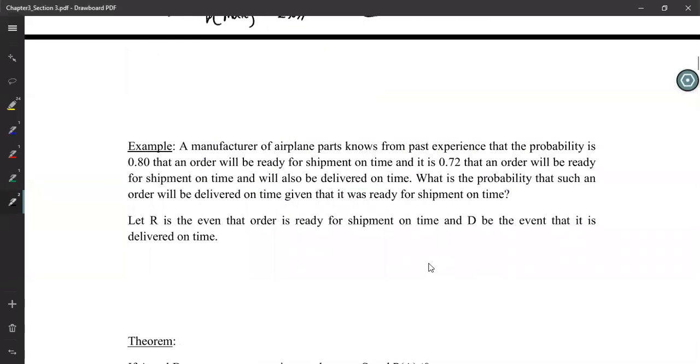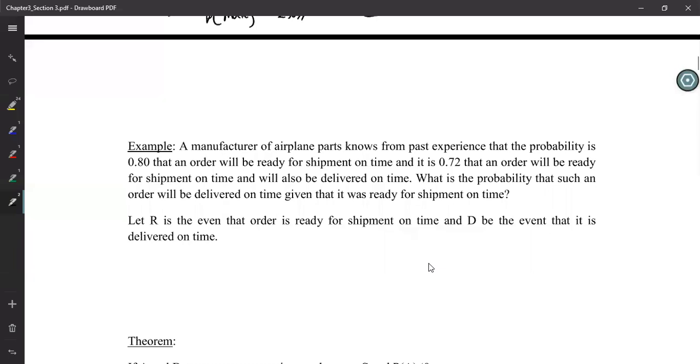So what is that probability? 80% is the probability that the order will be ready for shipment on time. Then the probability is 72% that an order will be ready for shipment on time and will also be delivered on time. Now you have another probability.